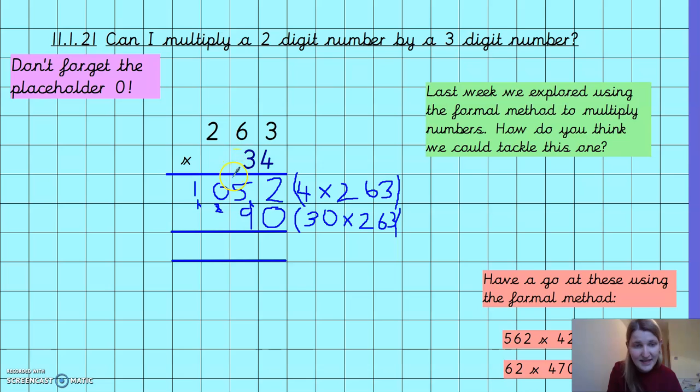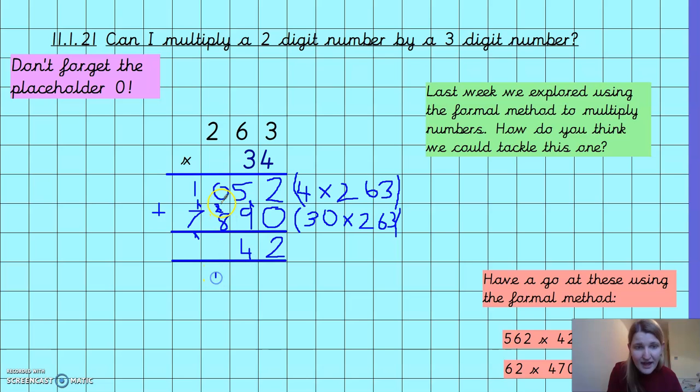Right, so then 3 times 3 is 9. 3 times 6 is 18. So I put my 8 here. I carry the 1. 3 times 2 is 6 plus the 1 is 7. And then the final step is just to add them together. So if I do a little add sign here to remind us, 2 add 0 is 2. 5 add 9 is 14. Put the 4 here.